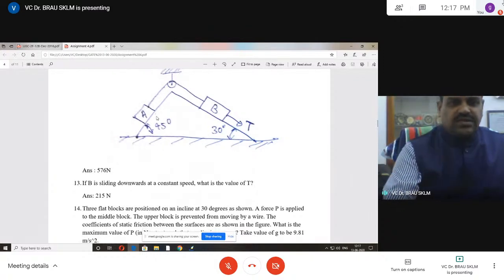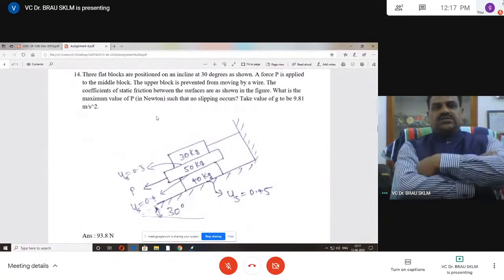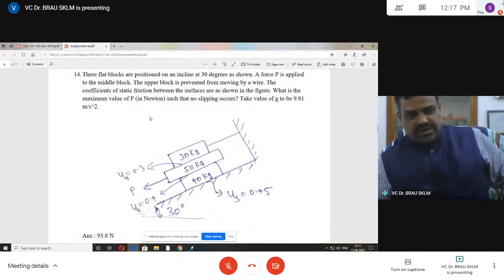Like this, you can see three flat blocks on an inclined plane of 30 degrees. Between the 13 and 15 kg weight, the rough surface is 0.3, and between the 50 and 40 the rough surface is 0.4.